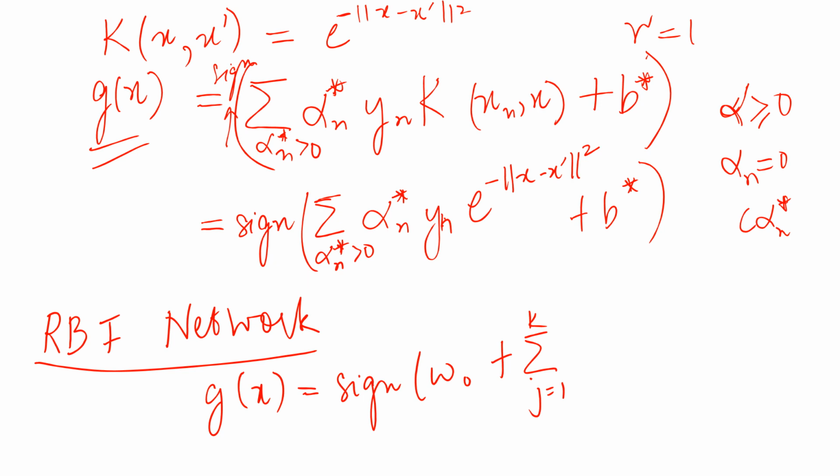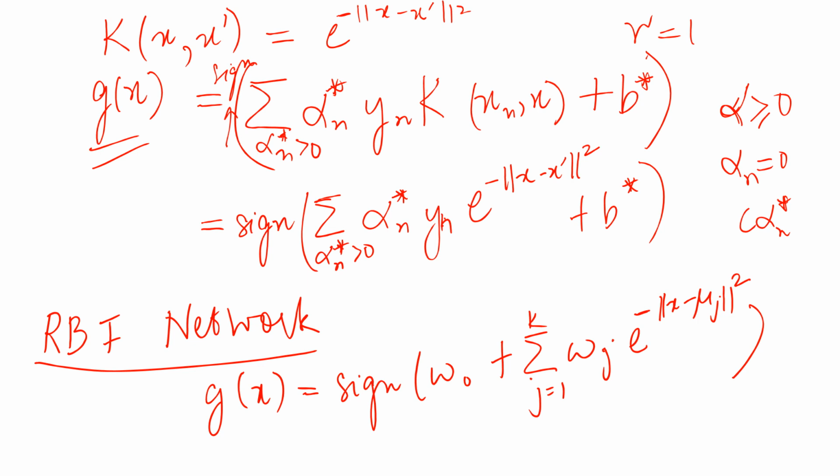Let's say there were k clusters, e to the minus x minus mu sub j, where mu sub j were the centers for each of these j's, squared, right? So this is how my RBF network looks.